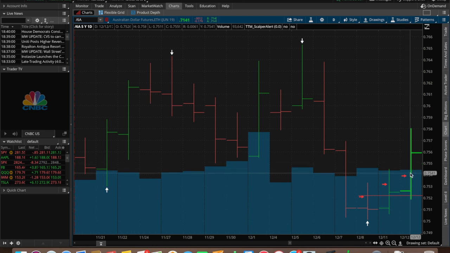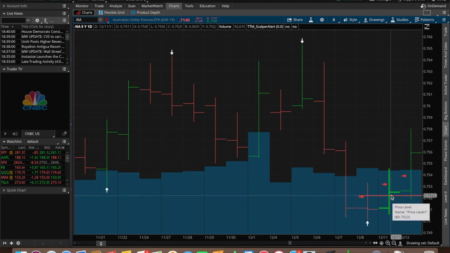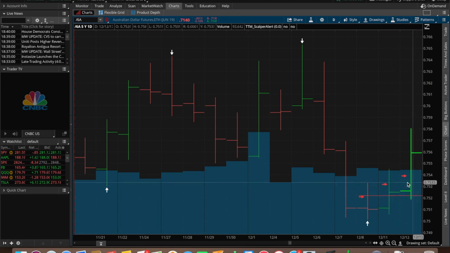If we're entering in at 75.22 from that previous day, the market closed at 75.24. Then it reopened, we see that it reopened around 75.26-ish, and then it started to trend back down.